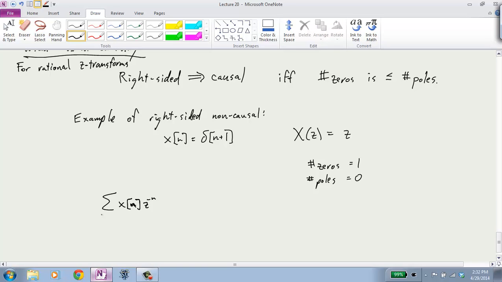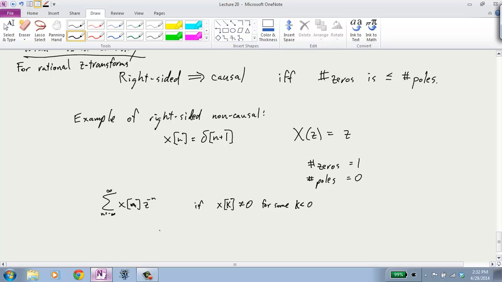If x of n is not 0 for some n less than 0, pick an arbitrary k strictly less than 0, and say that x of k is non-zero.